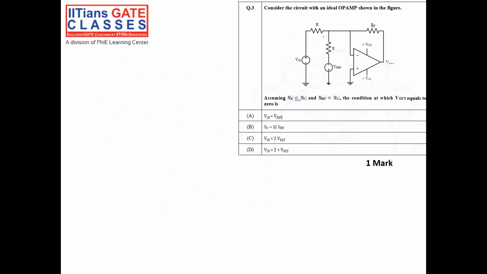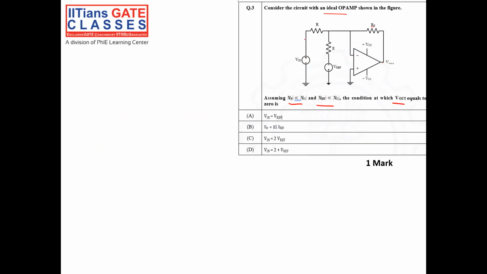In this question, again the op-amp is an ideal op-amp, and Vin is less than VCC, Vref is less than VCC, right? The condition is Vout is equal to 0. Here also you can see there is a negative feedback from Vout to the negative terminal, which is called the inverting terminal.